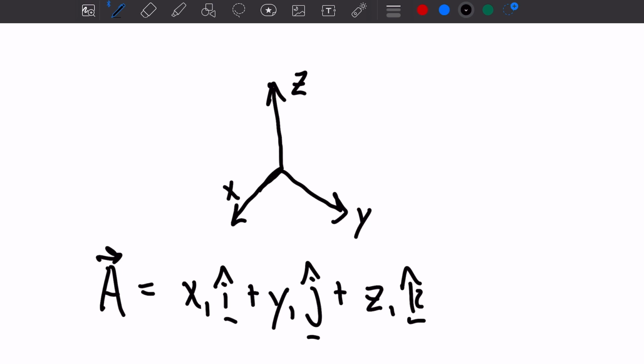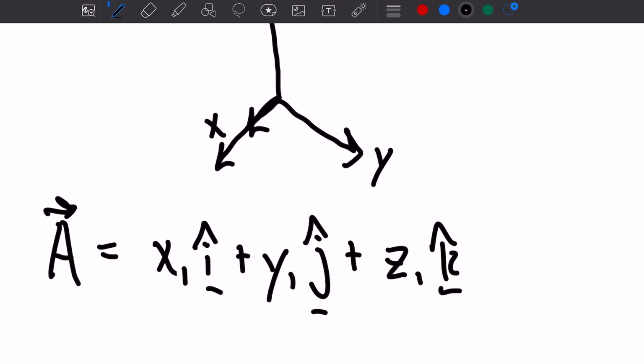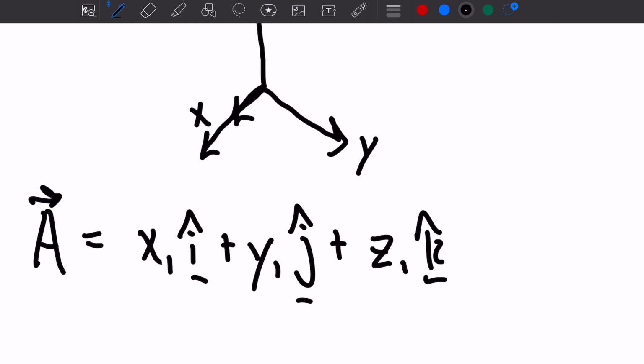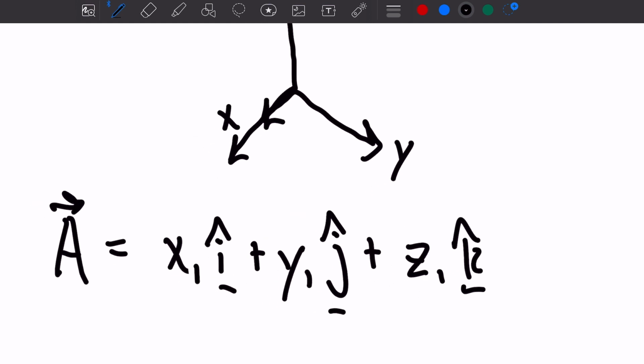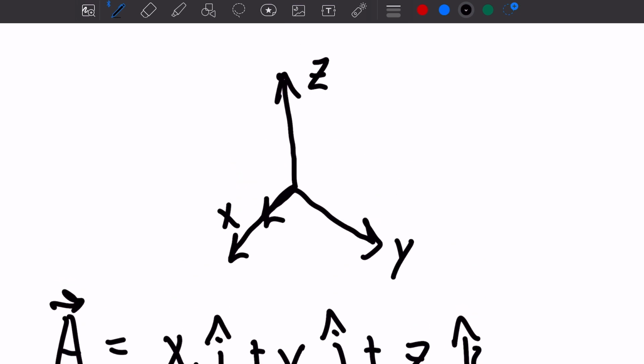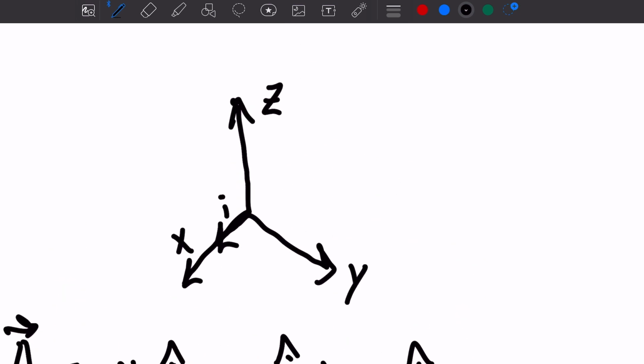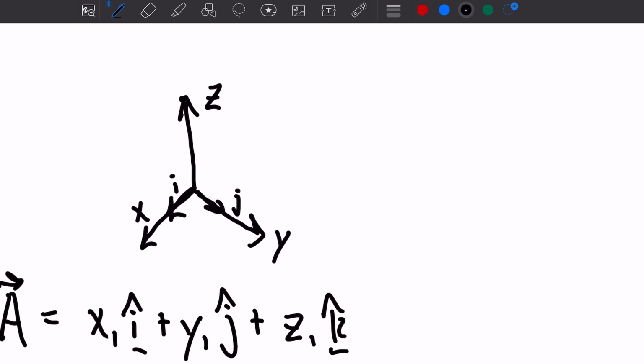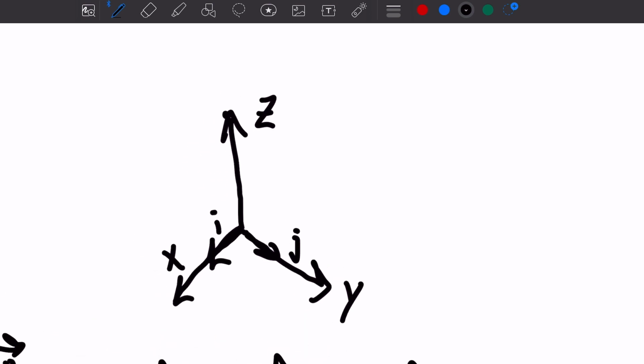So basically, every single one of these letters, i, j, and k, they'll give you a direction: i in the x, j in the y, and k in the z.